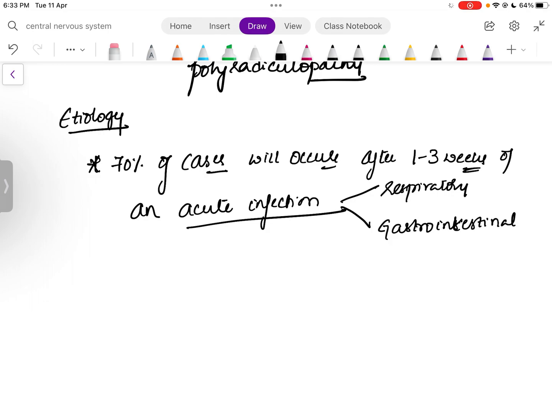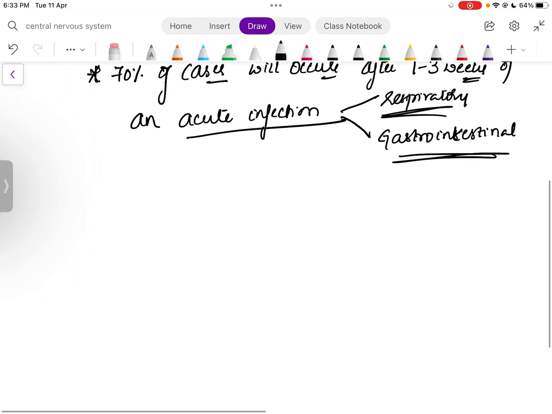Whenever these two systems have an infection, this infectious process can cause Guillain-Barré syndrome.